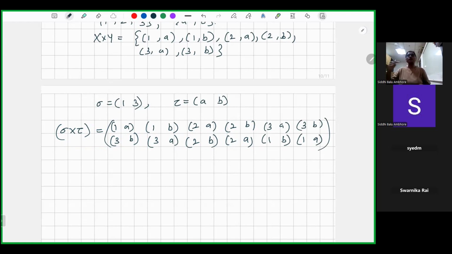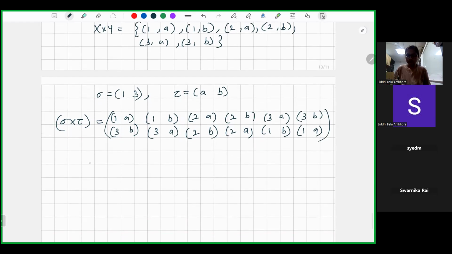Now I have to check the signature of this one. We know how signatures are calculated, right? Because these are transpositions, everything will be 2-cycles. 1a goes to 3b and 3b goes to 1a, and we get such cycles for 2a, 2b and again for the last pair.